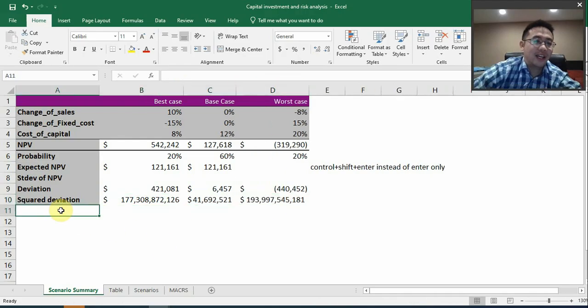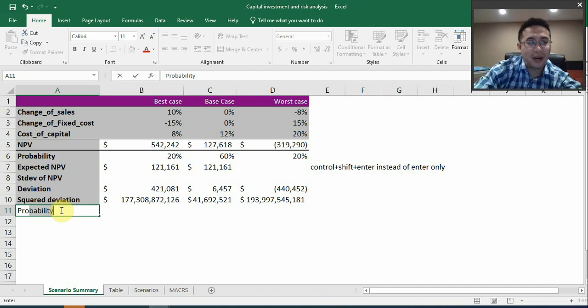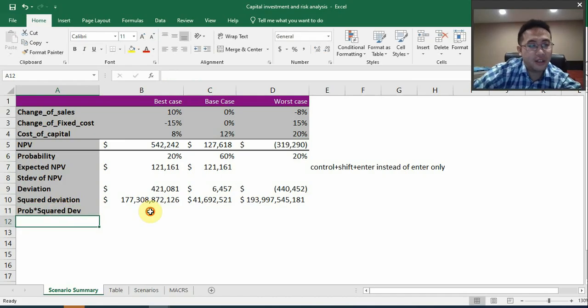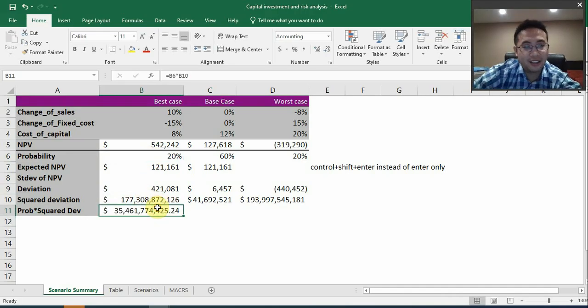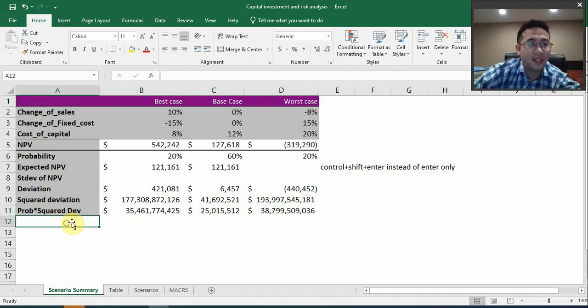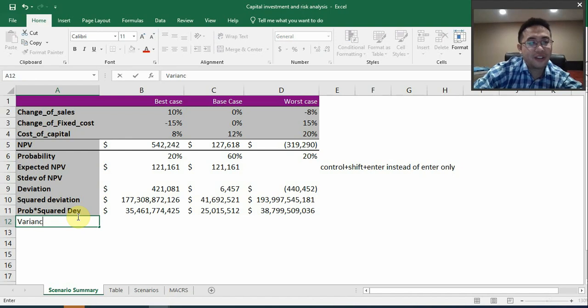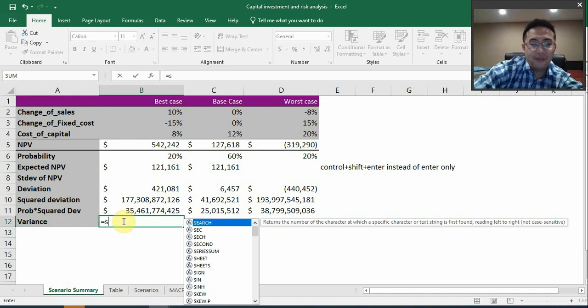All right, and then you're gonna calculate the variance. Well, before you do the variance, you need to use the probability times the squared deviation. All right, so you're gonna use a probability here multiplied by the squared deviation. Then you drag it. Okay, and then you calculate the variance, which is a summation of the 3.